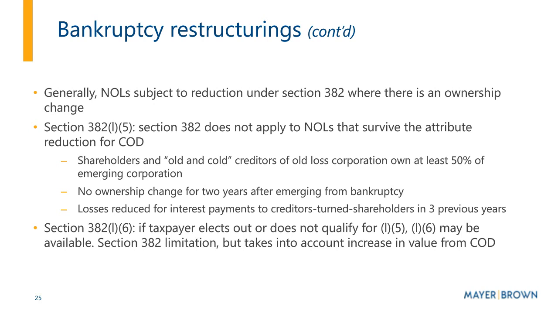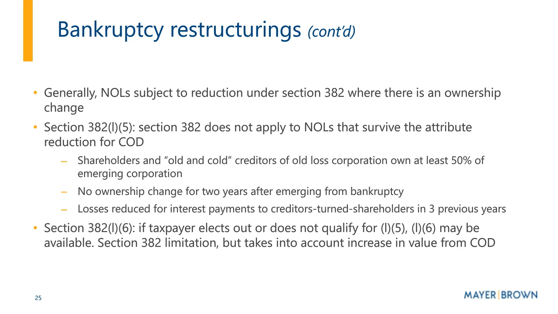And so the issue in the bankruptcy context typically is that if you give the creditors equity, there's an ownership change because, let's say the creditors end up with 100% of the equity, there's 100% ownership change. And so to accommodate a struggling enterprise trying to be successful upon emergence, there are exceptions to that ownership change rule.